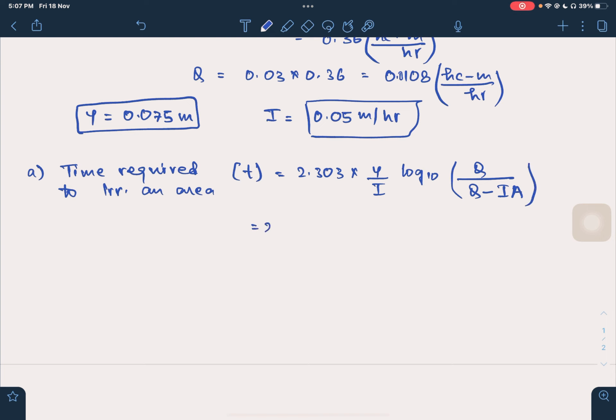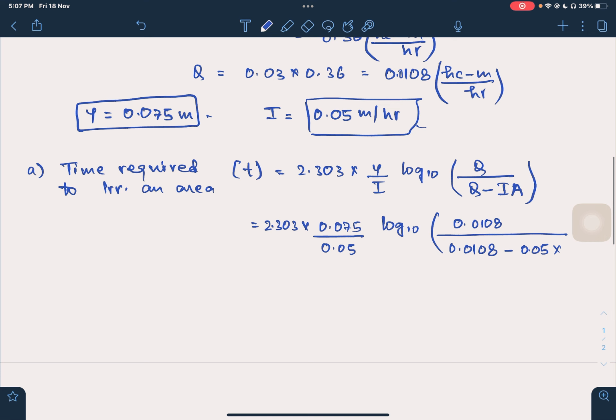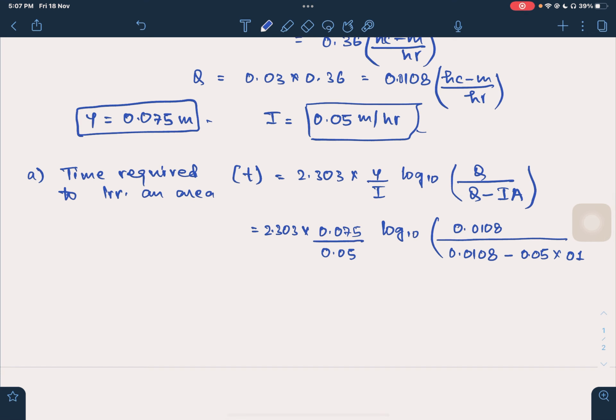Putting all the values that we have, 2.303 into Y, this 0.075, I is given as 0.05, log base 10 of 0.0108 upon 0.0108 minus I, which is 0.05, and area is given as 0.1 hectare.